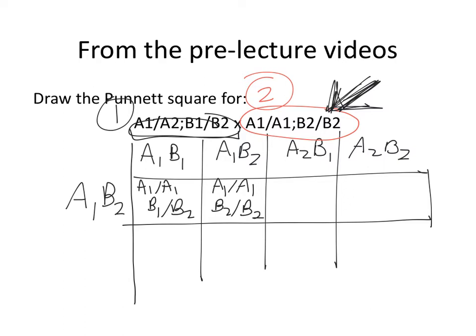Okay, now we're going to see heterozygosity at A and B, and then finally heterozygosity at the A gene and homozygosity for allele 2 at B. So are any 2 of those genotypes the same, or are all 4 of those different? We've got 4 different genotypes. So they're present in a 1 to 1 to 1 to 1 ratio.